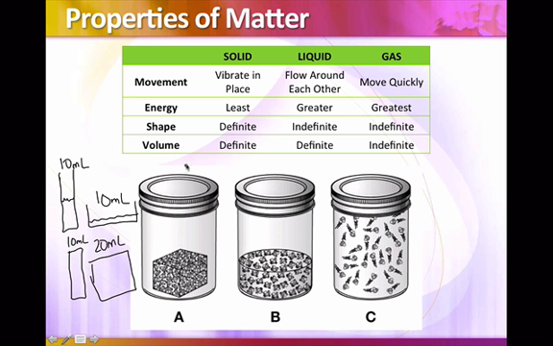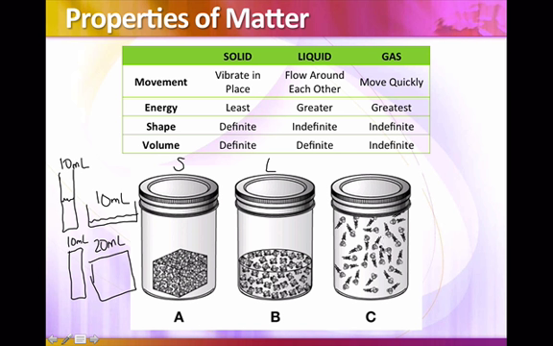And that's what these pictures are representing down here. If we look at this, the atoms are packed really tightly together. They're not moving. This is definitely the solid. The liquid, they have some motion. They're flowing around each other. They've taken the shape of the container. And then if we look at a gas, if we could see the atoms, they would be moving very, very quickly.